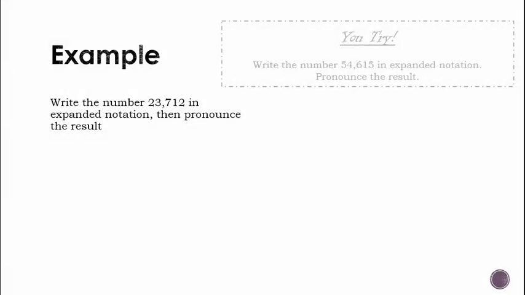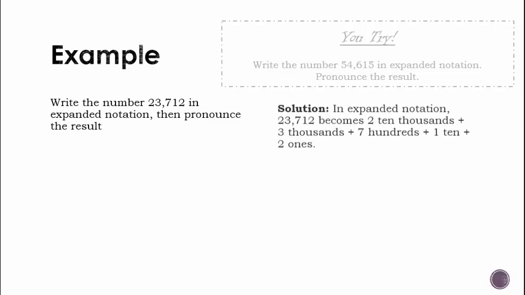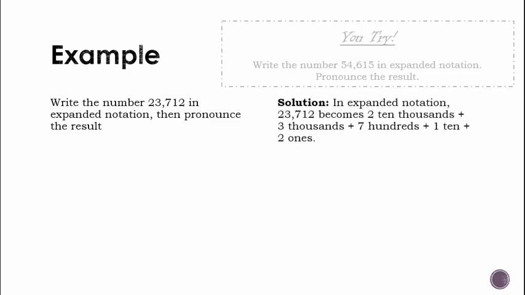So an example: write the number 23,712 in expanded notation, then pronounce the result. Well, let's write it in expanded notation first. So in expanded notation, I would write 2 ten thousands plus 3 thousands plus 7 hundreds plus 1 ten plus 2 ones.